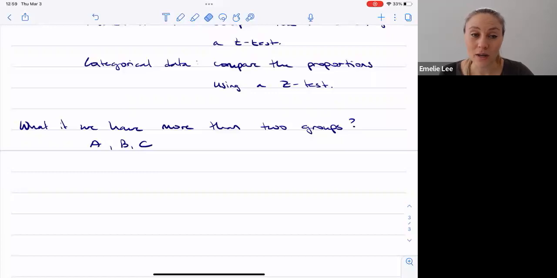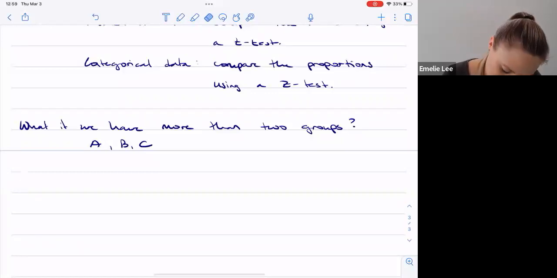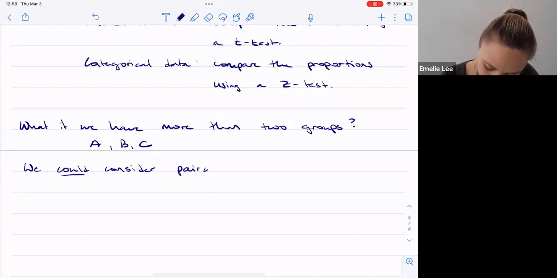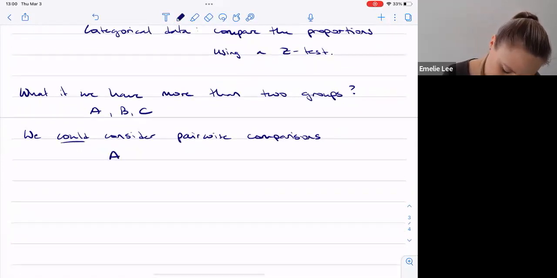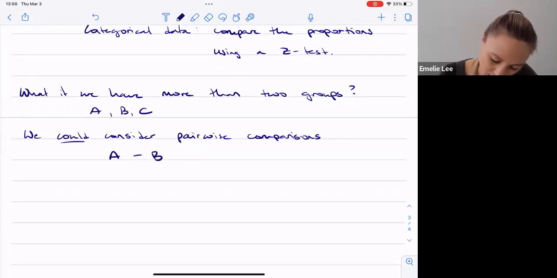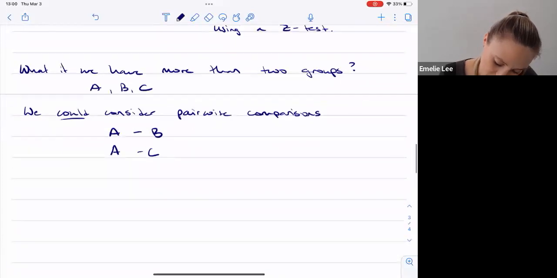Well, we can do pairwise comparisons. We could consider, and I highlight could because there's a better way to do it, pairwise comparisons. So A to B, which is the same as B to A, right? So order here doesn't matter. A to B, A to C, and B to C.